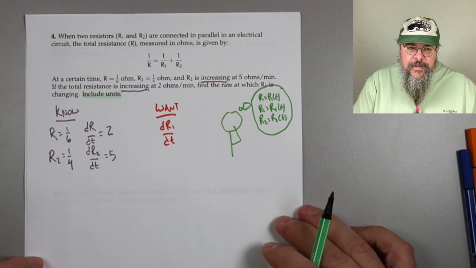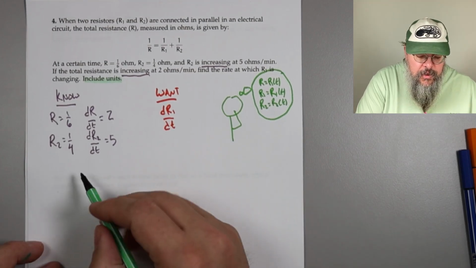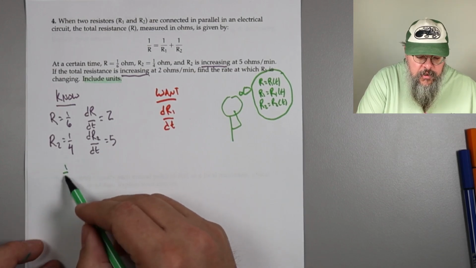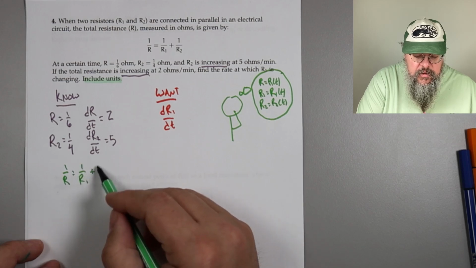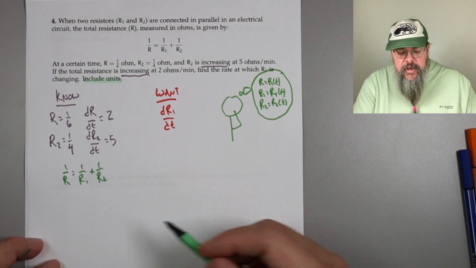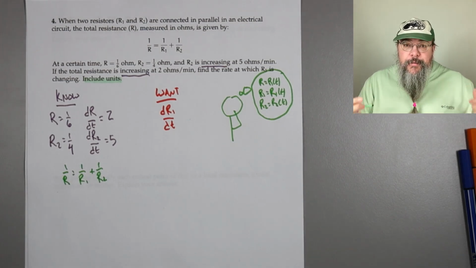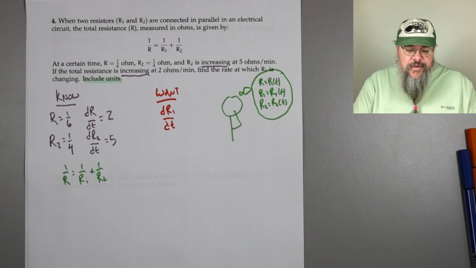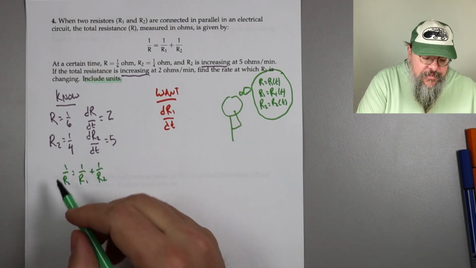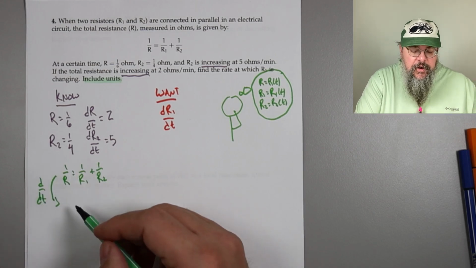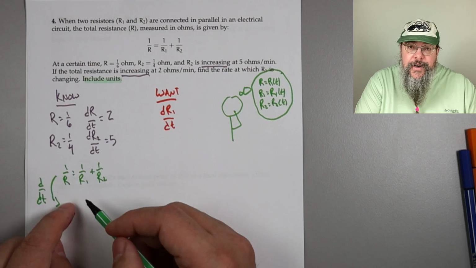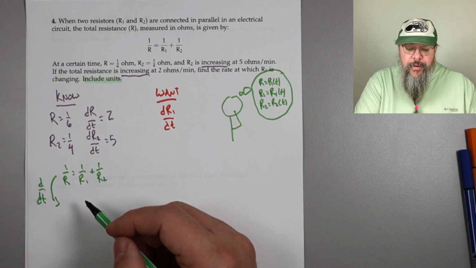All right, so here we go. So we're taking our relationship, and this is a time when I might clear out the denominators, but I think it would make things even worse. So we'll just embrace it and take a derivative with respect to t. So the derivative of 1 over r, think of it as r to the minus 1.